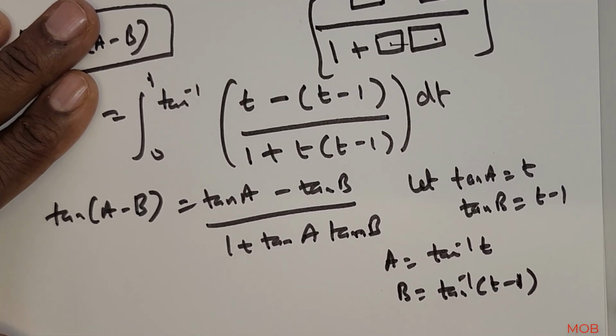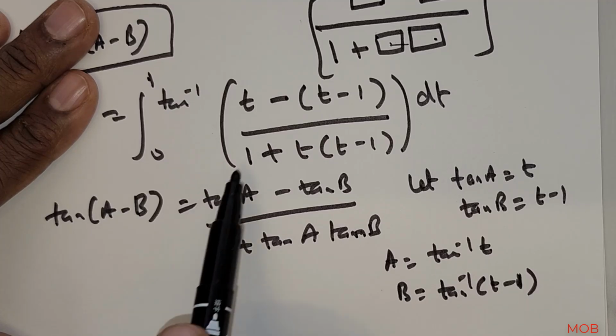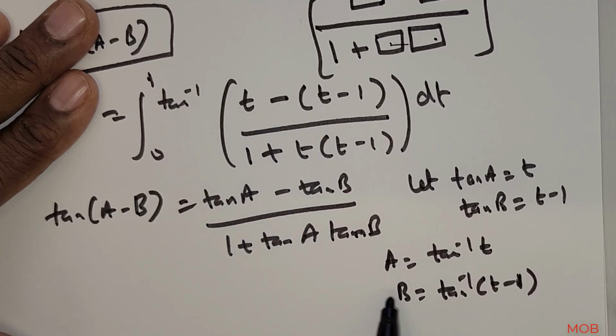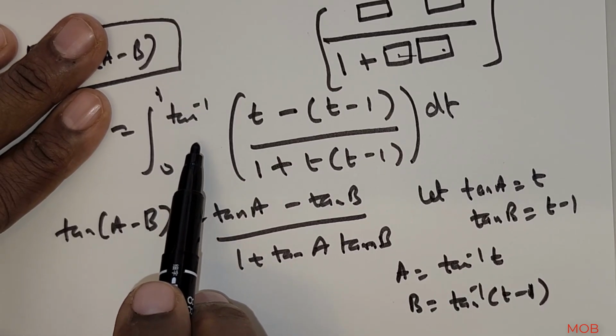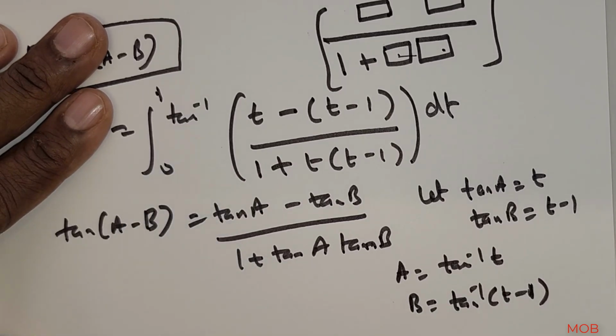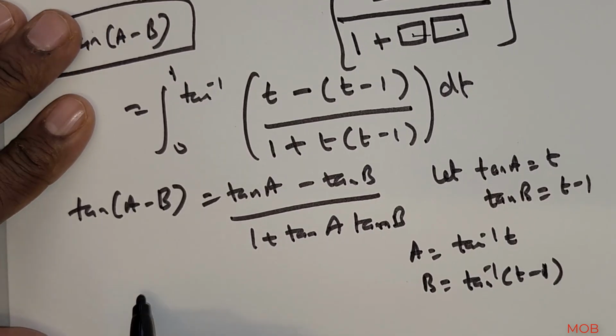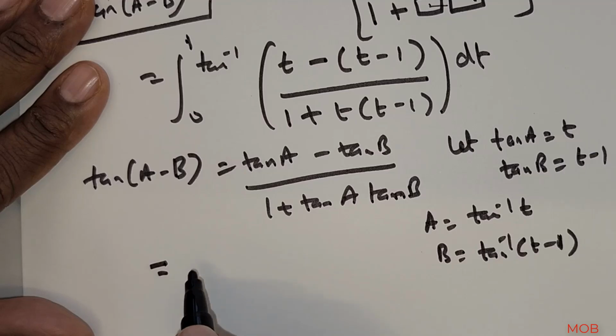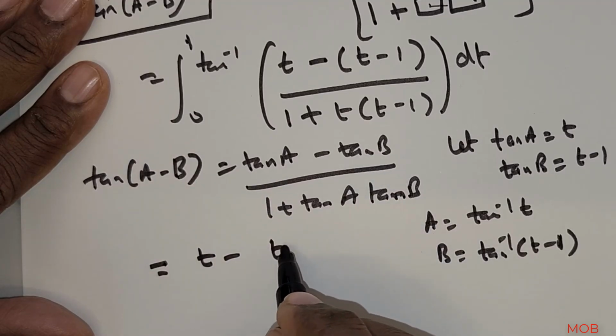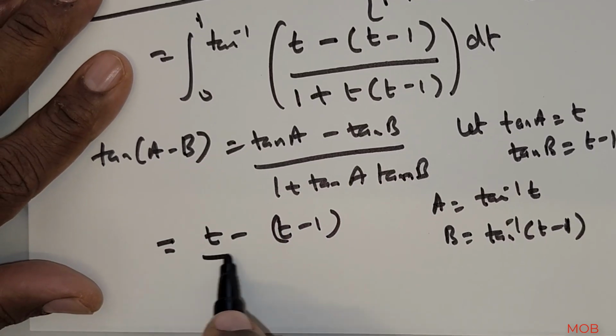Okay, so what we can do is we can actually represent the system with this tan. If I were to do that, this tan inverse will usually be absorbed out. So let us achieve that. Now, as I mentioned to you, I'm going to have here t, and t negative 1.